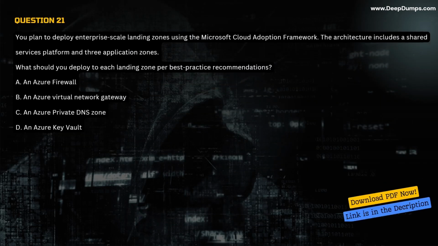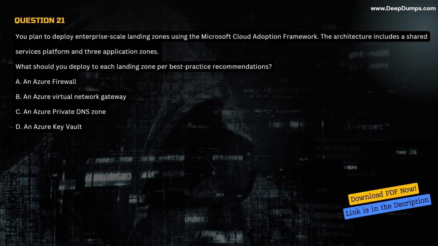Question 21. You plan to deploy enterprise-scale landing zones using the Microsoft Cloud Adoption Framework. The architecture includes a shared services platform and 3 application zones. What should you deploy to each landing zone per best practice recommendations? A. An Azure Firewall. B. An Azure Virtual Network Gateway.